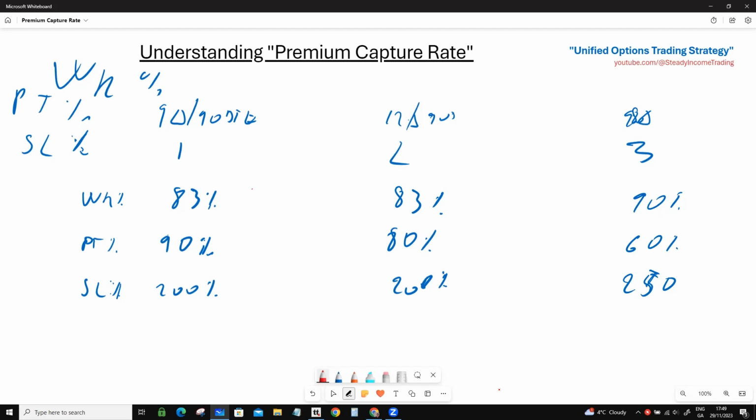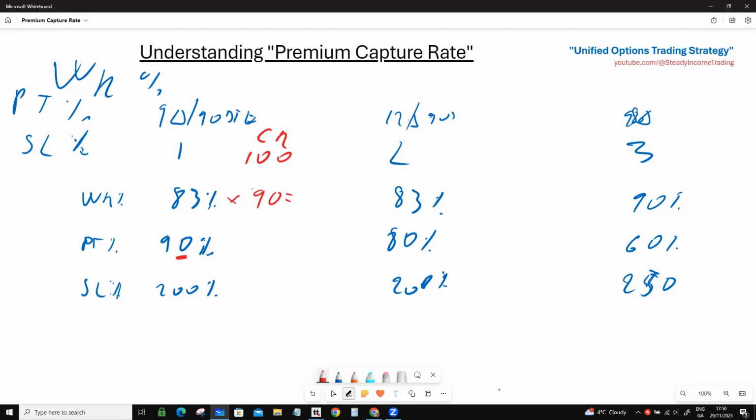So to start here, let's show 100. This is the initial credit received. So we'll put here credit received 100. We are going to get $90 or 90%. It doesn't really matter. We can just use percentages. So we're going to get 90% of the initial premium sold, and that's going to happen 83% of the time. And that's going to be real quick.